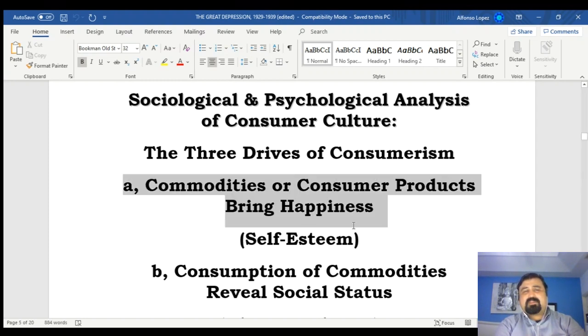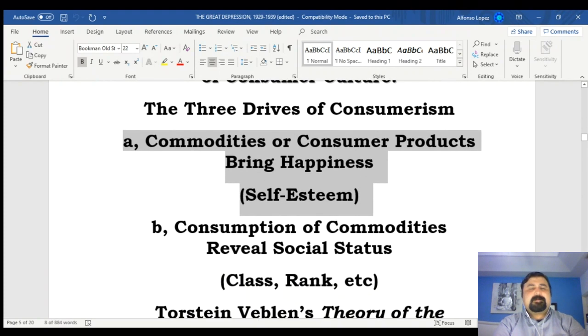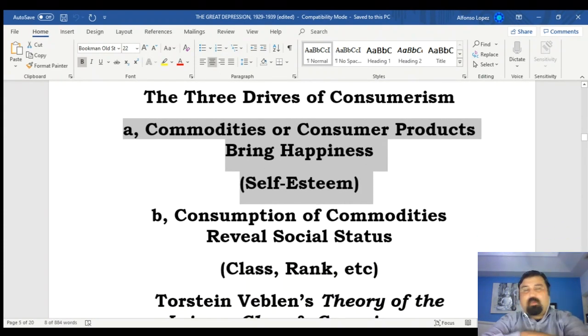Again, I wanted to use additional examples here to bring to light the drives of consumerism. What drives human beings to consume? As I explained, this is something I've been stressing over and over again.